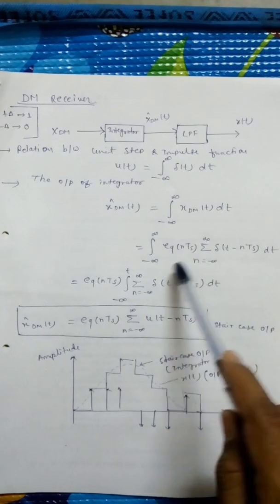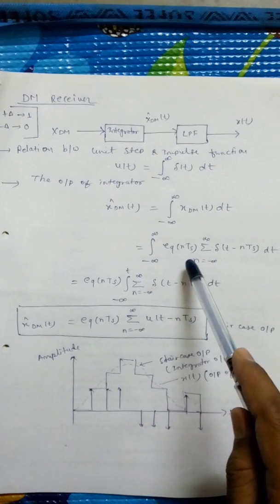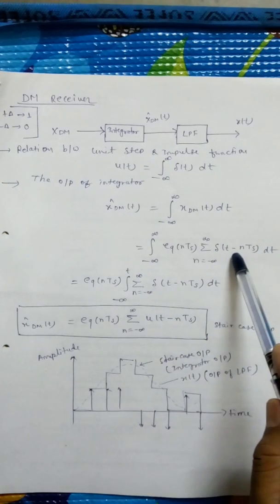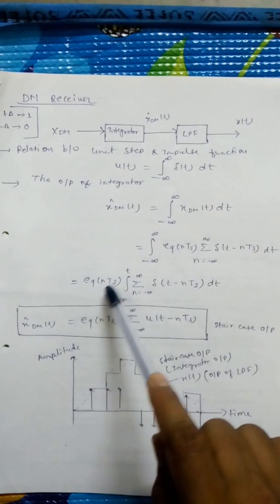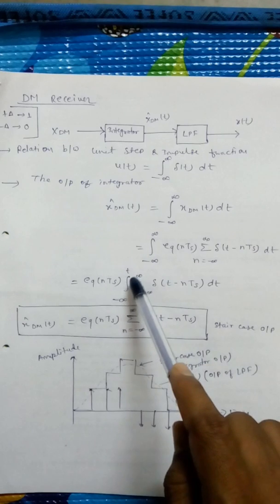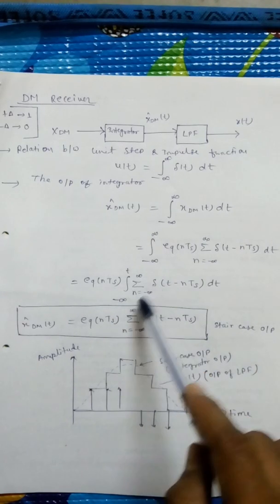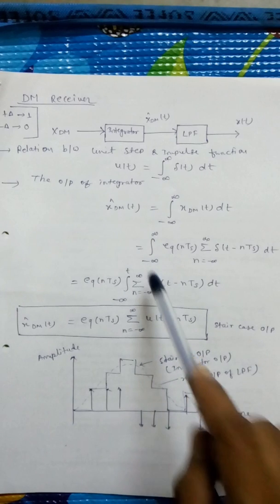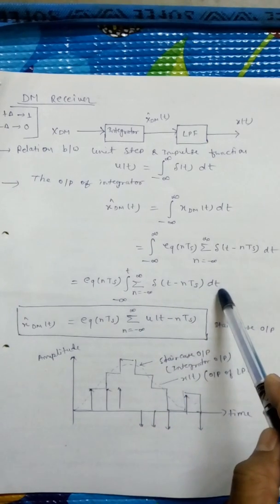We have already discussed these two signals in the delta modulator transmitter. So here EQ and TS are taken outside, and now the limit is minus infinity to t, summation over n equal to minus infinity to infinity of delta(t minus nTs) dt.